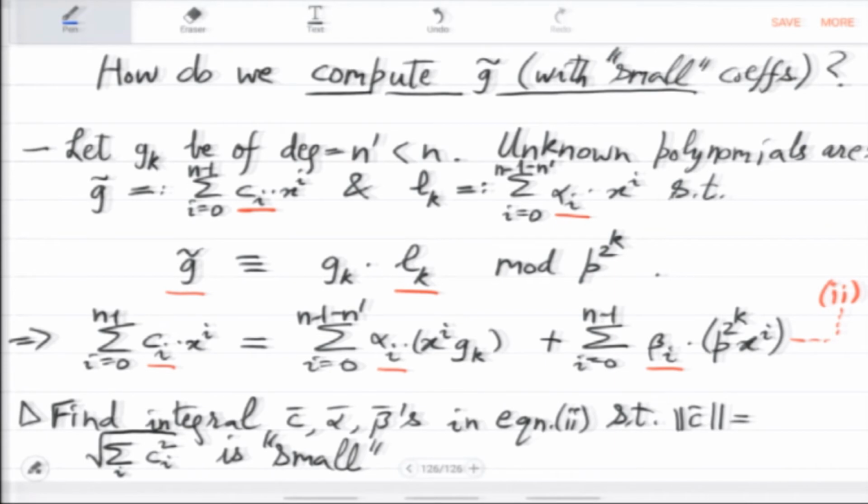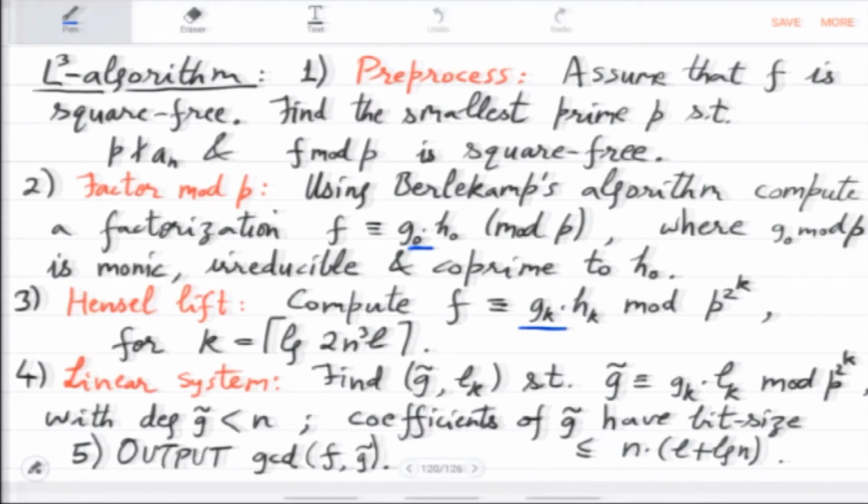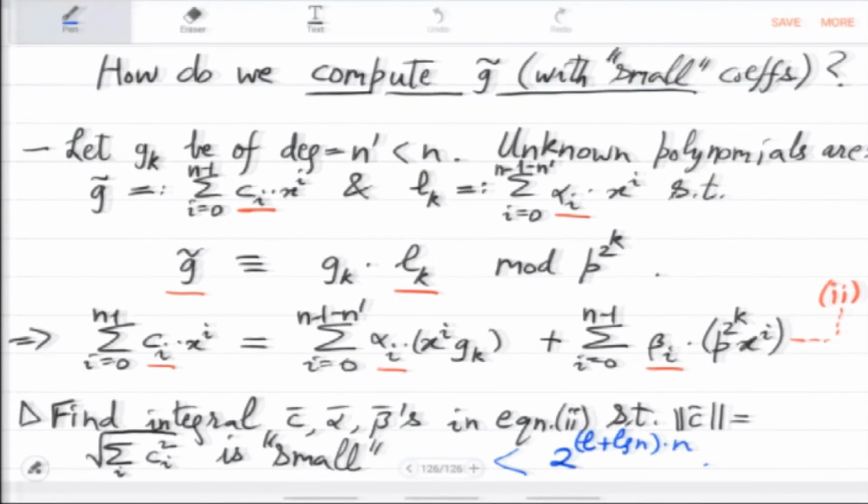How small? Well, so step 4 said it should be smaller than 2 raised to L plus log n times n. In step 4, what did we have? The coefficients have bit size 2 raised to n times L plus log n. Okay. So now I am replacing it by a slightly better condition because I know that such a C bar exists, right?